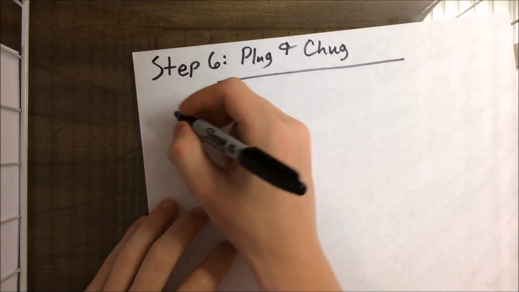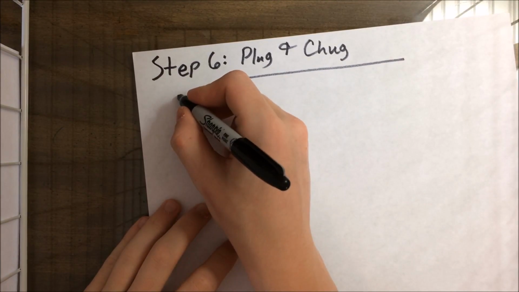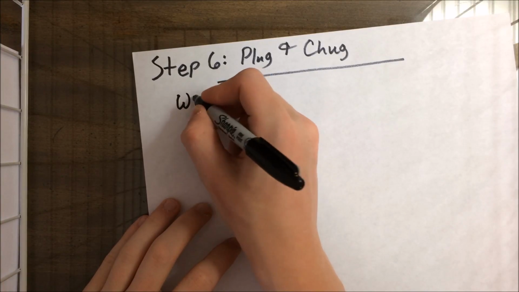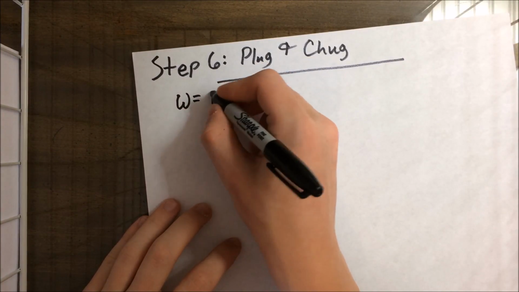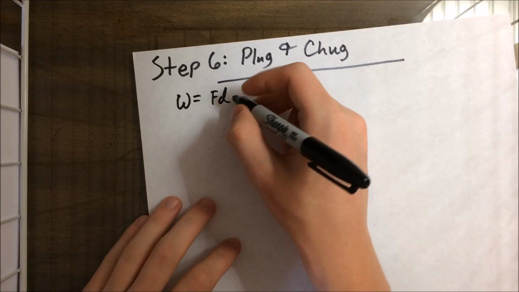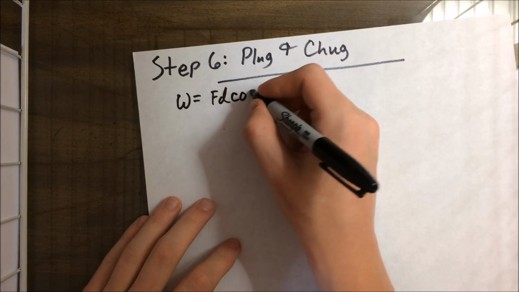Okay, so then our final step is to plug and chug. In this step, we're going to go ahead and write the formula. So we have work is equal to F d, so force times distance, cosine of theta.